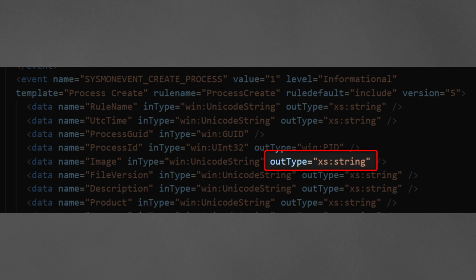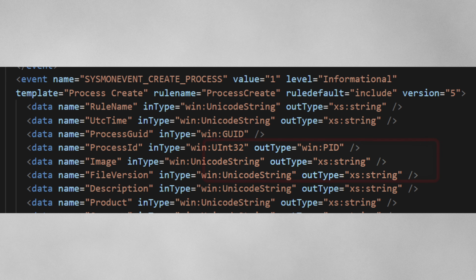The out type is going to be the type of value that we're going to be working with, and this will actually determine what is the type of operator that we're going to be using when we're writing our filters and writing our rules. Okay, so now we know how to read the schema for when we're looking at the different fields and what is going to be their output.